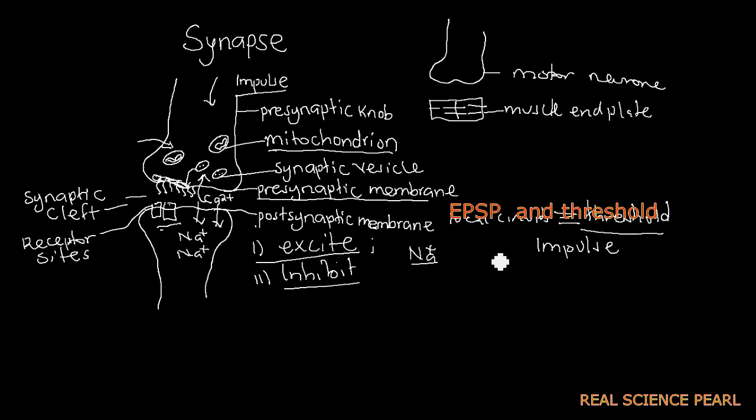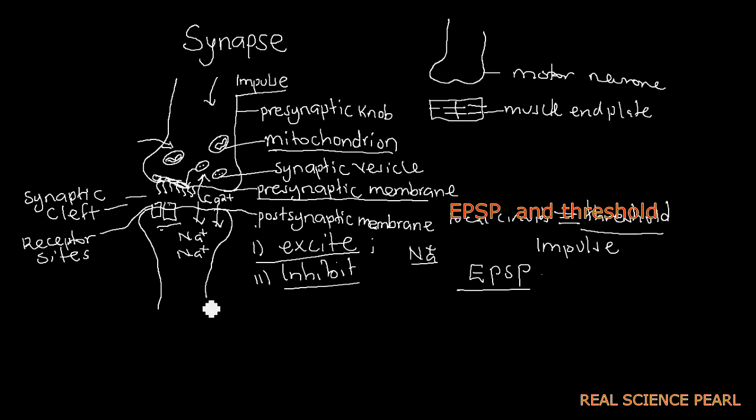Now when the excitatory postsynaptic potential is greater than the threshold, it fires an impulse into the postsynaptic membrane, and there we shall have an impulse being generated.